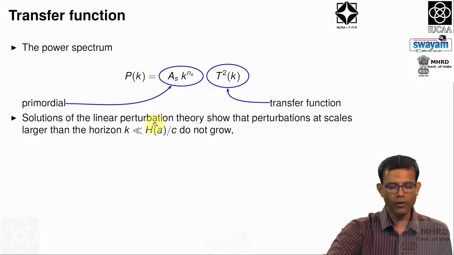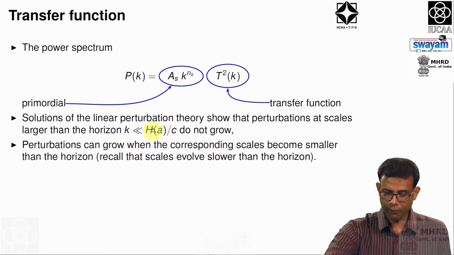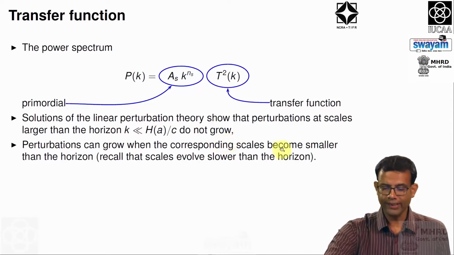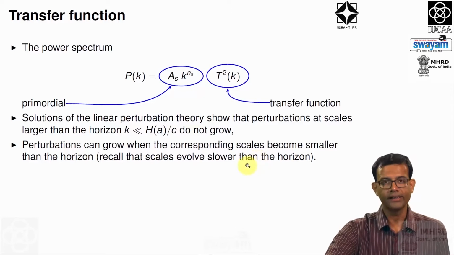So, if you are talking about large scale fluctuations, they are not going to grow larger than the horizon size. Perturbations can in principle grow when their corresponding scales become smaller than the horizon. And all scales at some point will become smaller than the horizon because the scales evolve slower than the horizon.